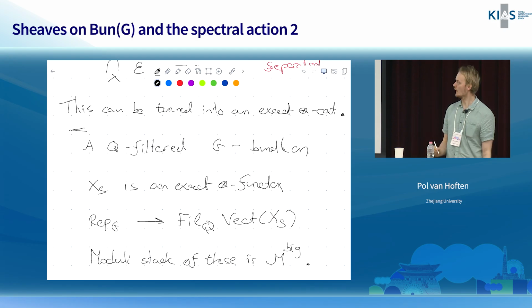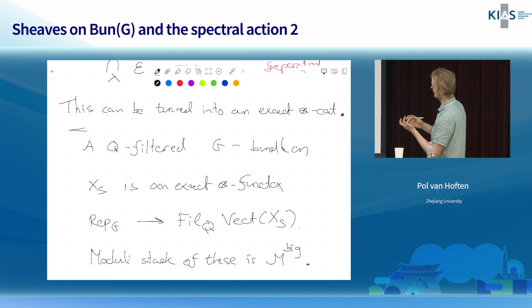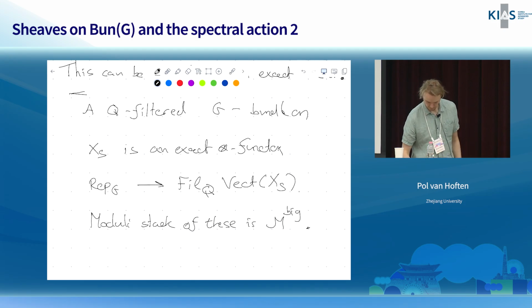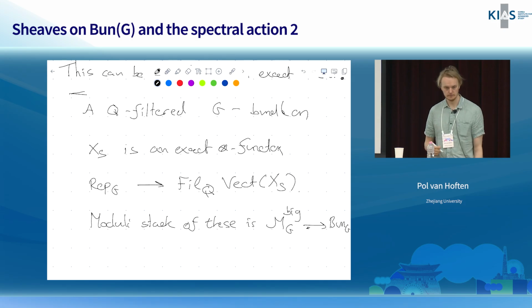This is also not a notation that's in Fargues-Scholze. It's just the moduli stack of Q filtered G bundles on the Fargues-Fontaine curve. And of course, there's a forgetful functor from M big to Bun G, where I'm just forgetting the filtration.